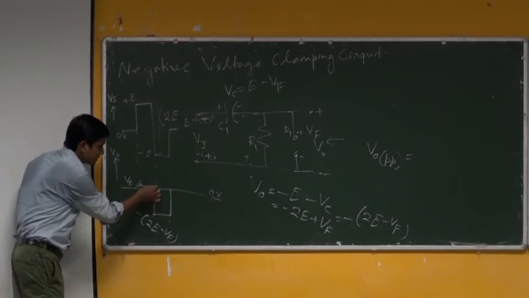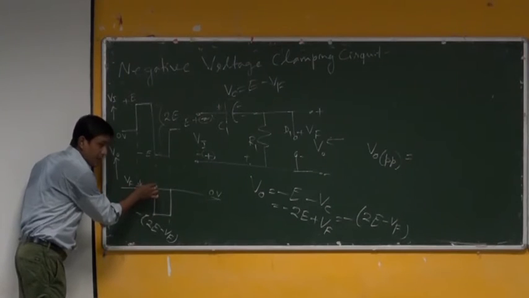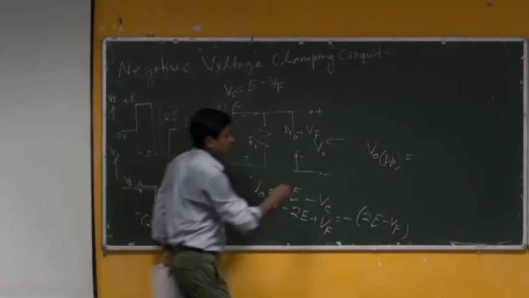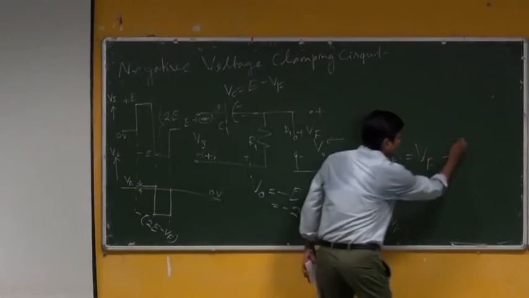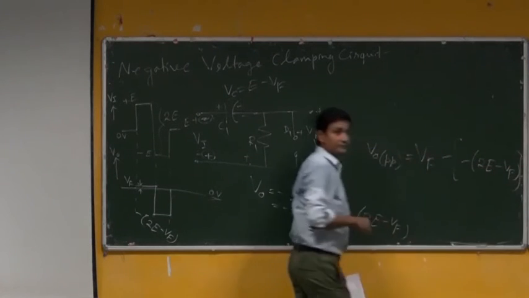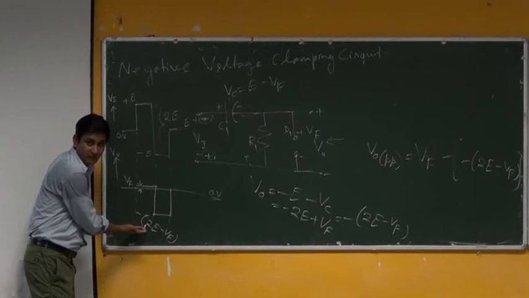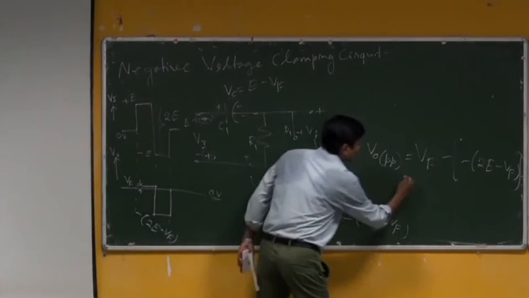So, what is the potential difference between the upper peak and the lower peak? Vf minus of minus 2E minus Vf, that is, Vf minus 2E minus Vf, this is the peak to peak voltage. If you find there, I think it is coming to 2E.